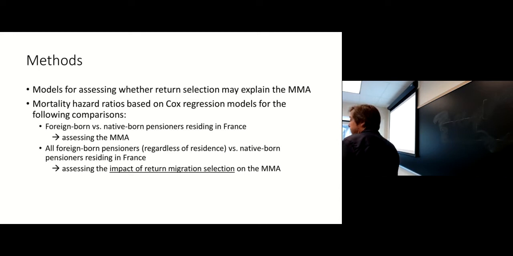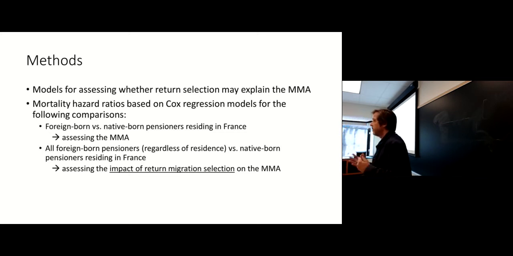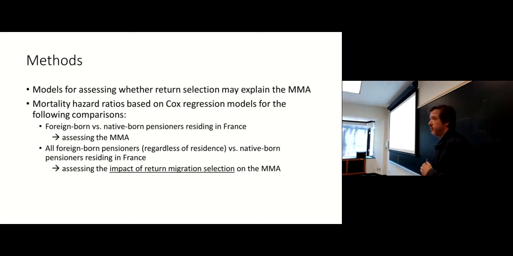It turns out, and I have a slide on that, that about 90% of immigrants who remigrate, remigrate to their country of origin, overwhelmingly. So out-migration and return migration in this data are pretty much the same thing. But we have this distinction, and we have a sensitivity analysis where we limit to those who return to their country of origin versus all of them.